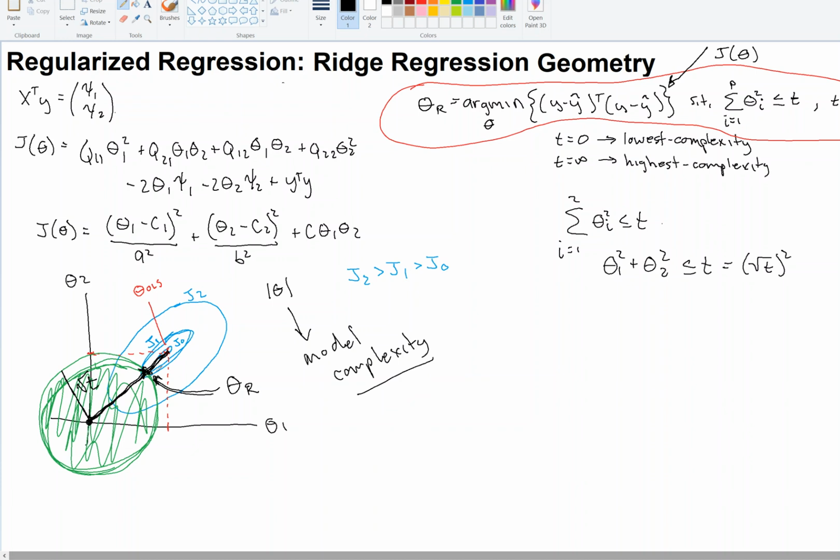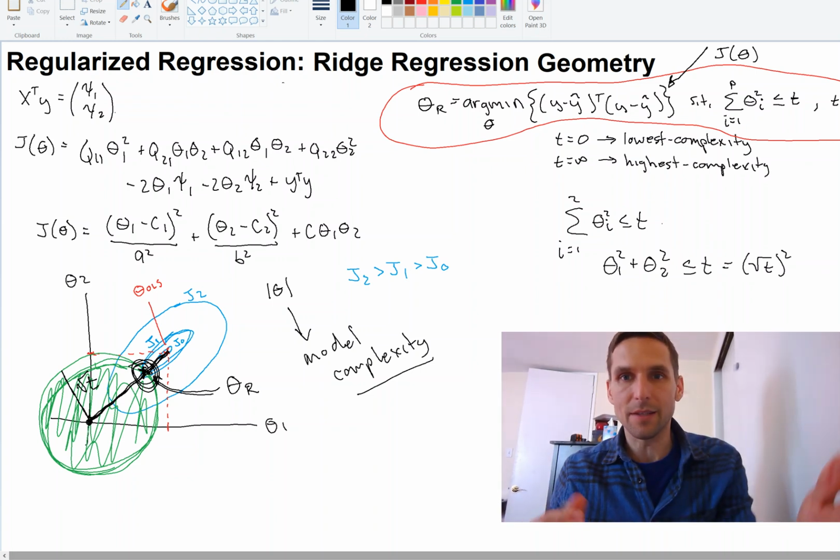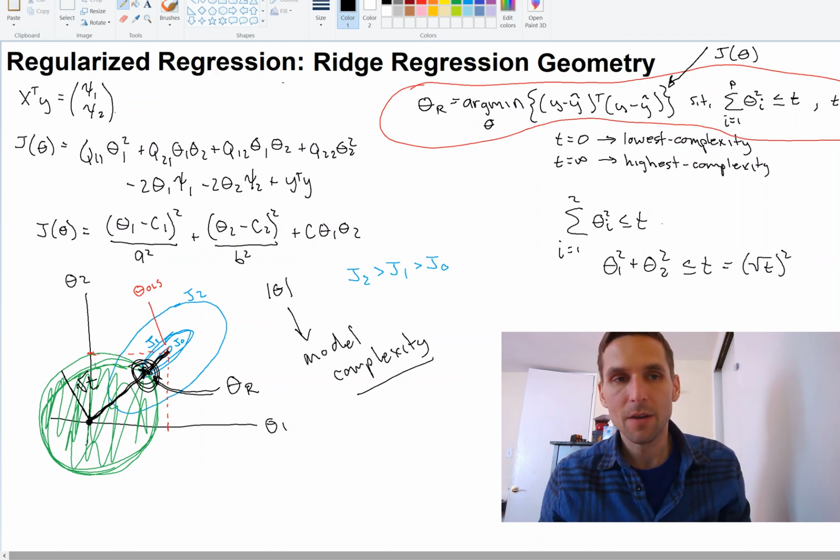So we're constraining the model complexity and we're trying to find the minimum of these ellipses underneath that constraint, and it's right here. And so that is the solution to the ridge regression, and that's the geometric interpretation.